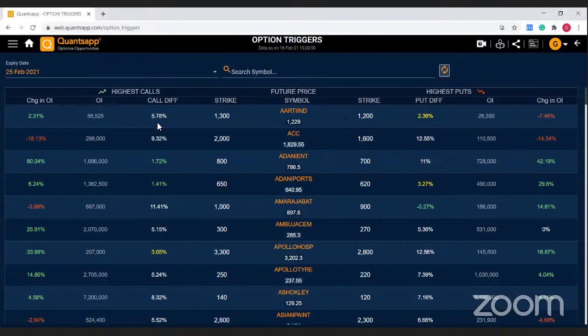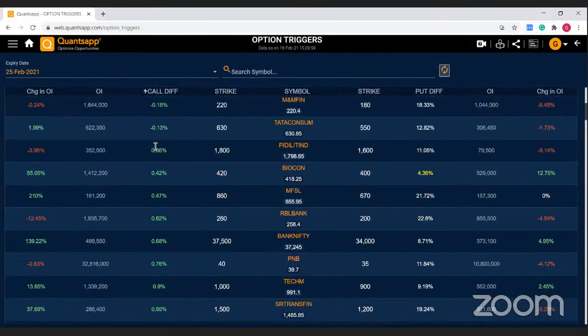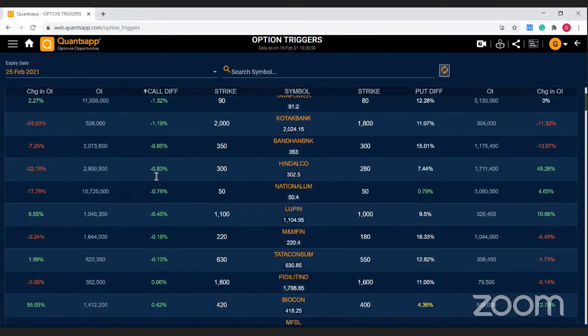Now I want to see how the call writers and the put writers are behaving, whether they are adding new positions or whether they are reducing their positions. So here I will be interested in looking into the stocks which are very near to their highest call and highest put.